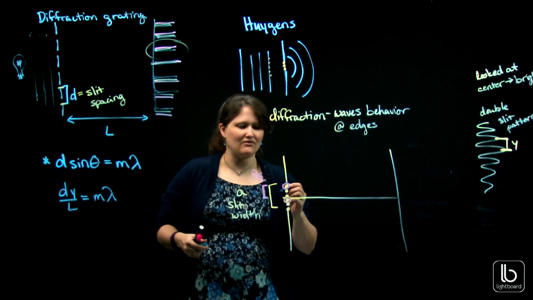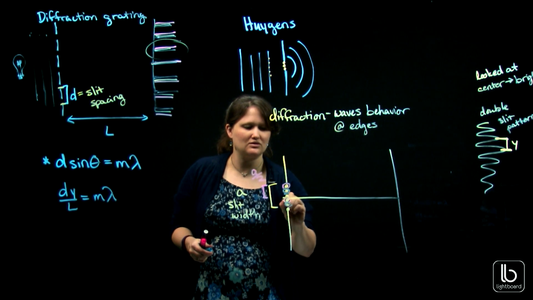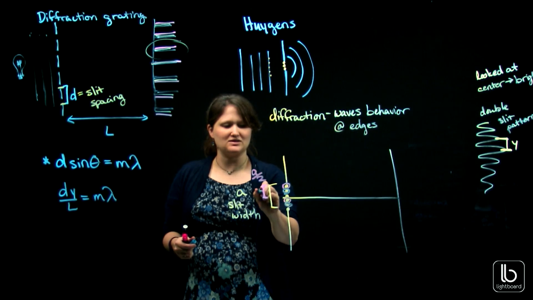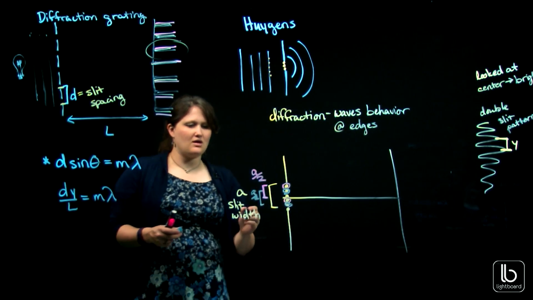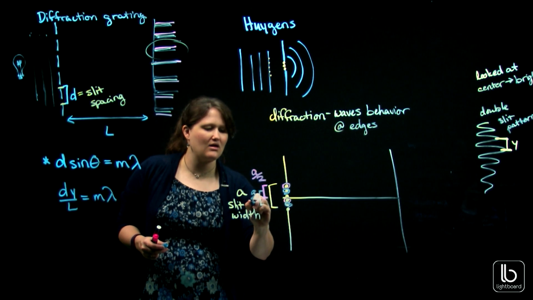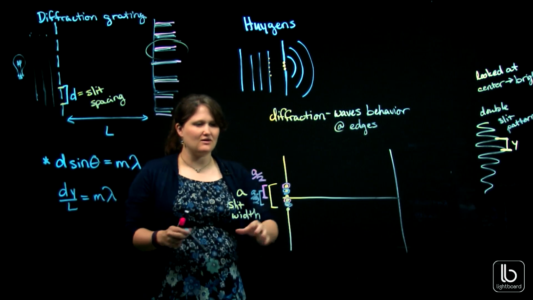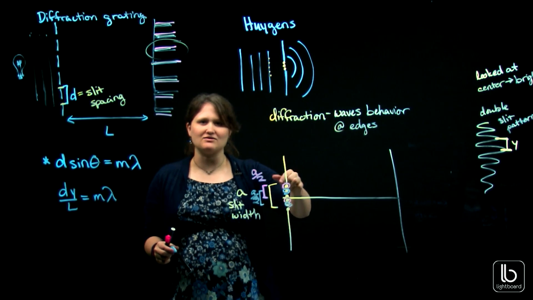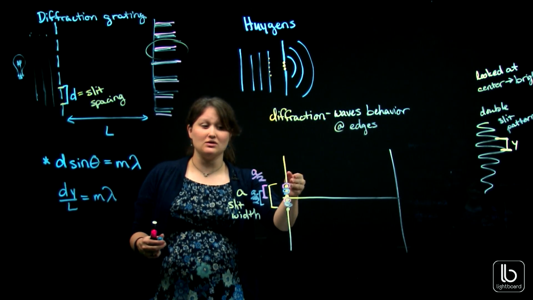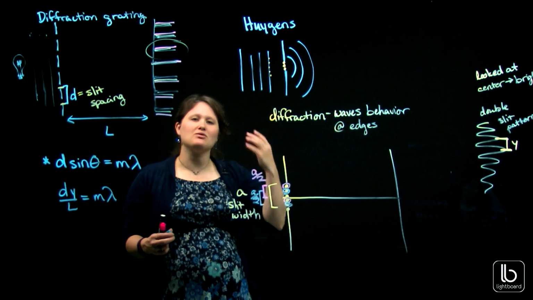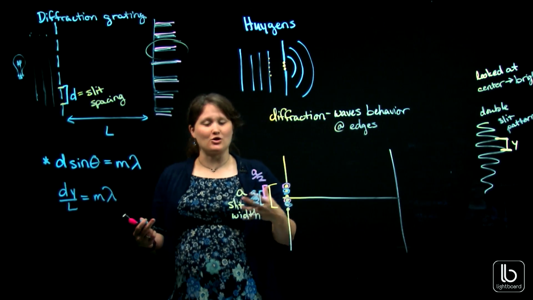I have the same thing from this point to this point, looking at a spacing of A over 2. And the idea is that for every point above the line, I have some point a distance of A over 2 below the line. So what I'm looking at effectively is a bunch of pairs.